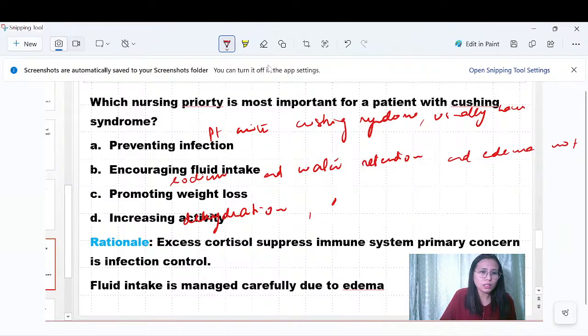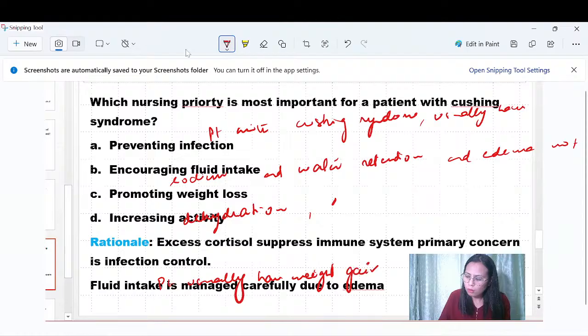The third option is promoting weight loss. In Cushing syndrome, patients usually have weight gain, moon face, and frontal obesity.